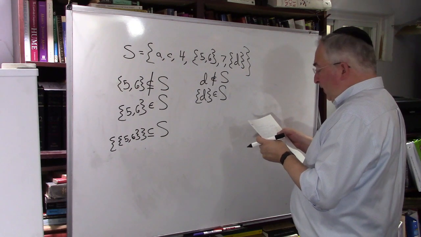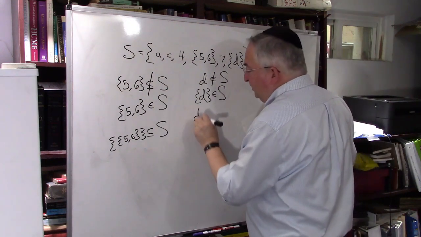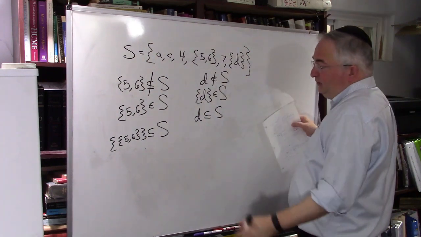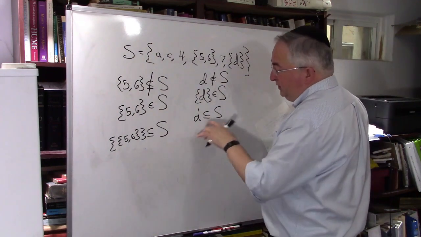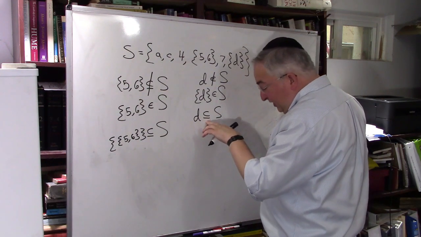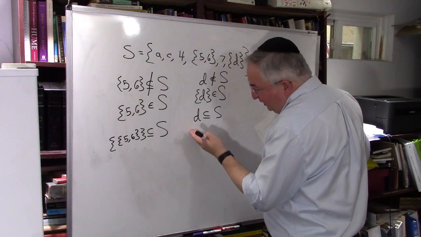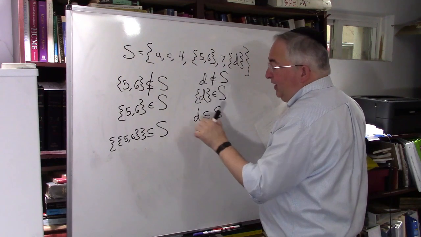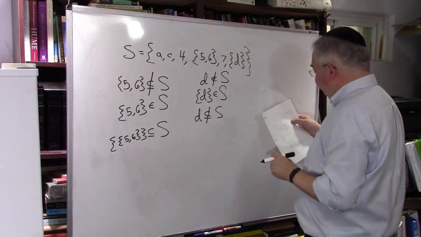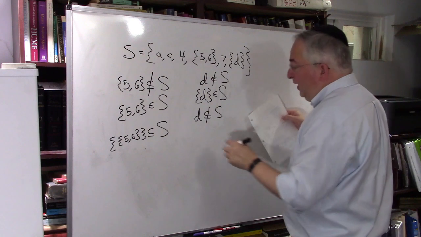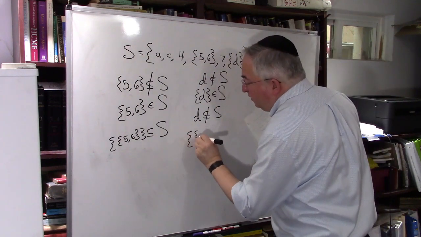Okay. How about this? Is {D} a subset of S? And the answer is no. This whole statement doesn't even make sense, because this symbol demands a subset here and a subset here. This is not a subset, this is an element. Anyway, so this is not true. But again, this is true.